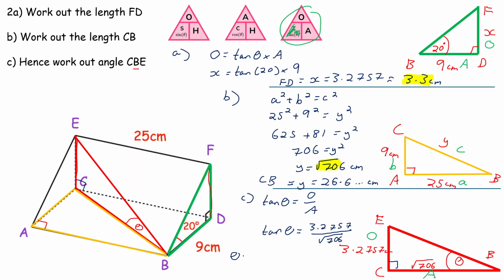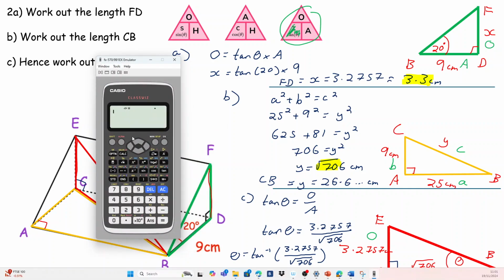So theta is going to be the tan inverse of all of this, 3.2757 over root 706, and then put this into your calculator really carefully, particularly as we're getting quite late into the video. Bit of brain fatigue.